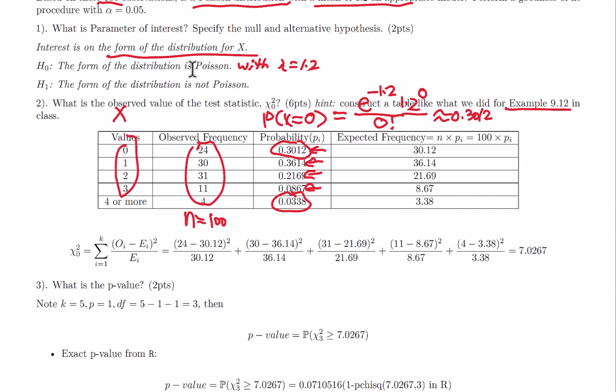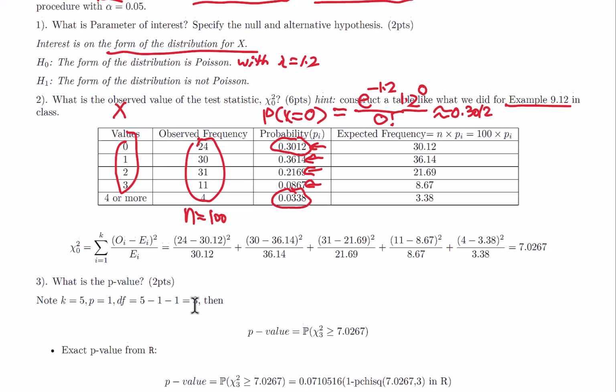Here we have the Poisson distribution, which only has one population parameter. So p equals 1. Then df equals little k minus little p minus 1. That's why we got 3.